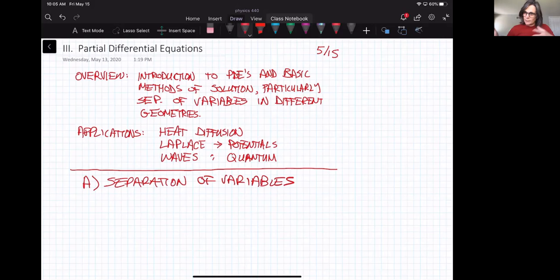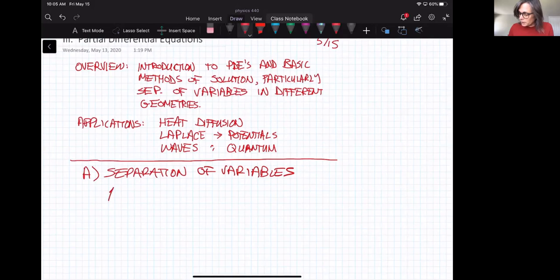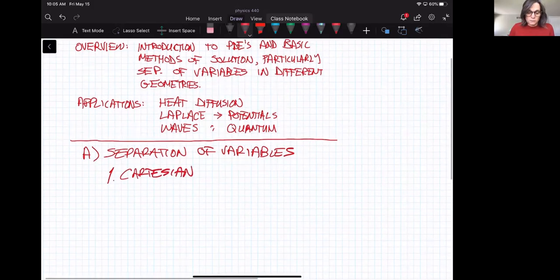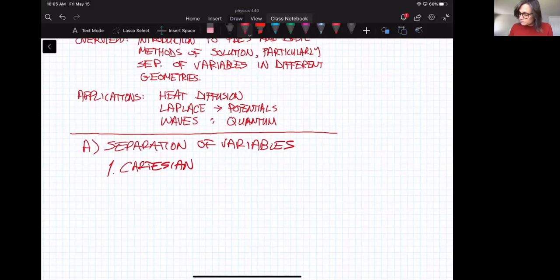It's kind of a weird chapter in which the first couple of sections don't really have any problems associated with it. It's all kind of build up. Some of it's kind of confusing, some of it isn't. We're going to start with Cartesian coordinates because that is the one that you've certainly seen before, and is the easiest to manipulate.